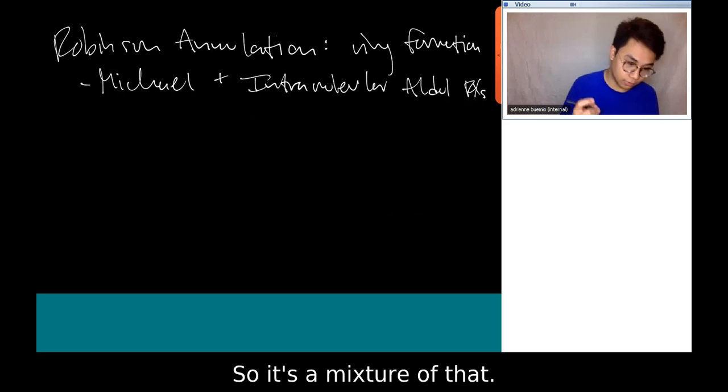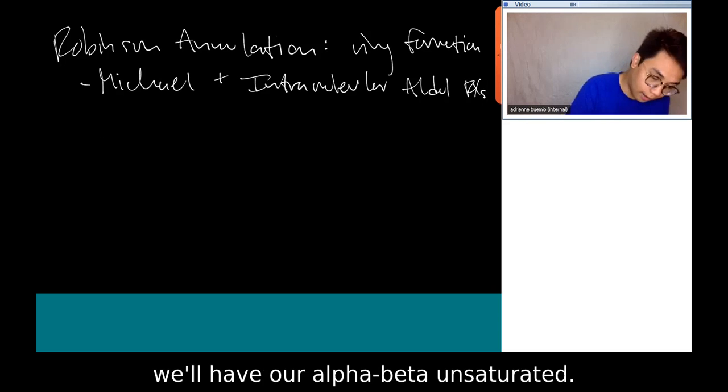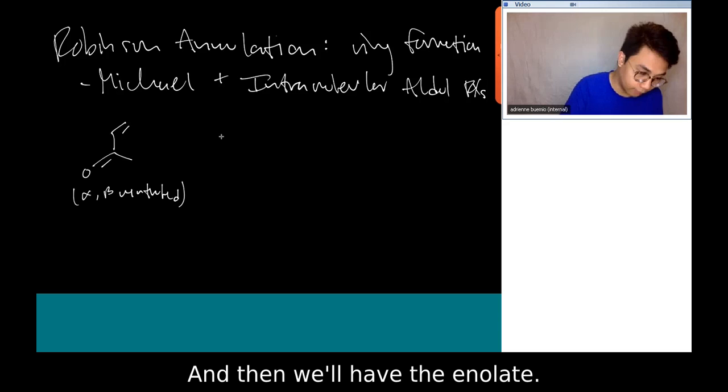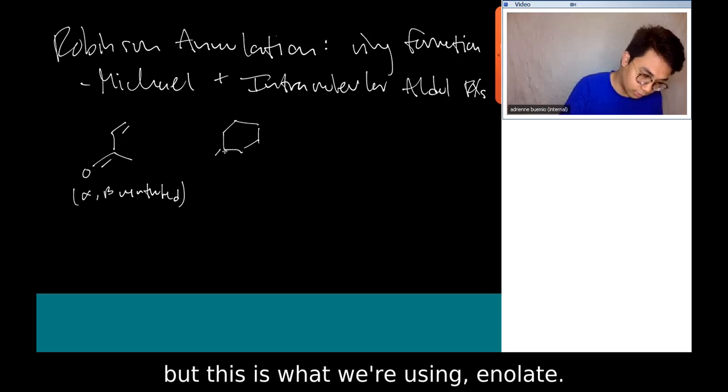So it's a mixture of that. And first, since it's a combination of both, we'll have our alpha beta unsaturated carbonyl, and then we'll have the enolate. And this could be any enolate, of course, but this is what we're using.